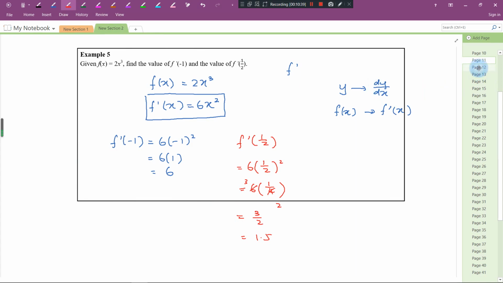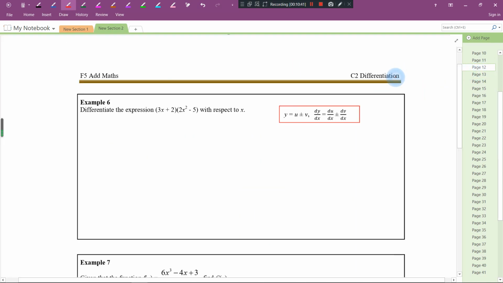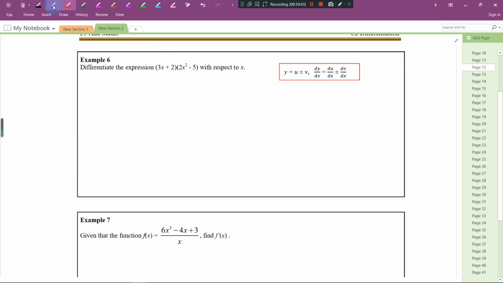Let's try another question. Okay, this one. Differentiate the expression. We just let y equal to this whole thing: 3x plus 2, 2x squared minus 5.